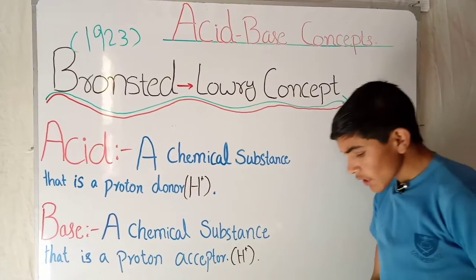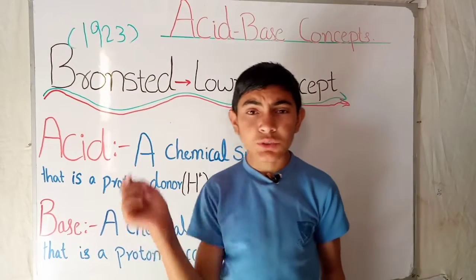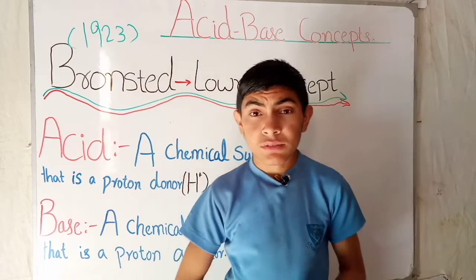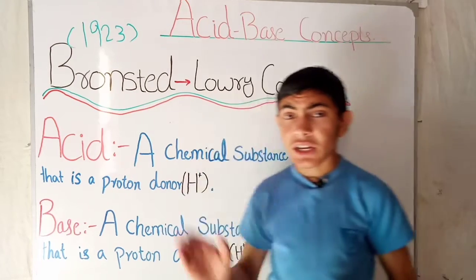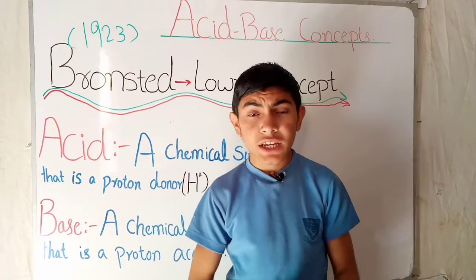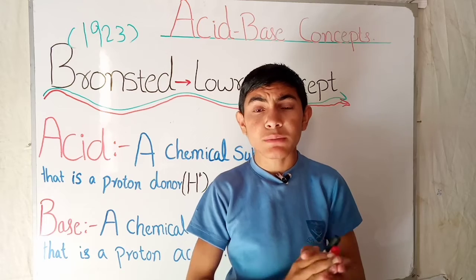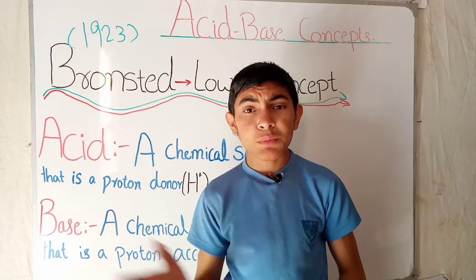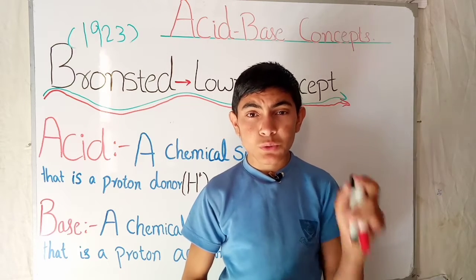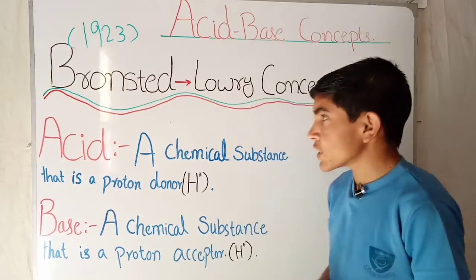After the Arrhenius concept, in 1923, a Danish chemist, Johannes Bronsted, and an English chemist, Thomas Lowry, presented a concept exploring the definition of acid and base. Building on Arrhenius, they extended the study of acids and bases to another definition. So we'll talk about this.